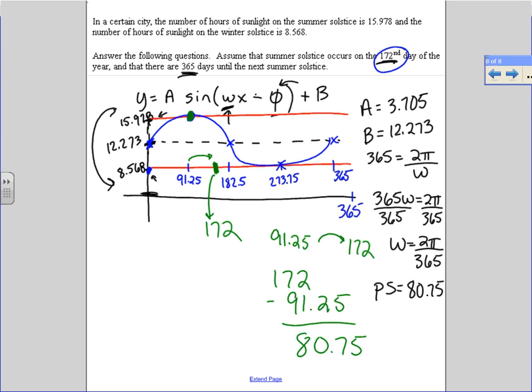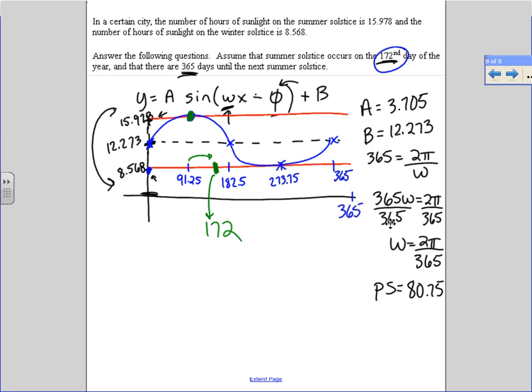Now, what I need for my equation is that variable phi. So let's take the phase shift and see if we can calculate that now. Let me get rid of all these calculations right here. Recall, the phase shift is equal to phi over omega.